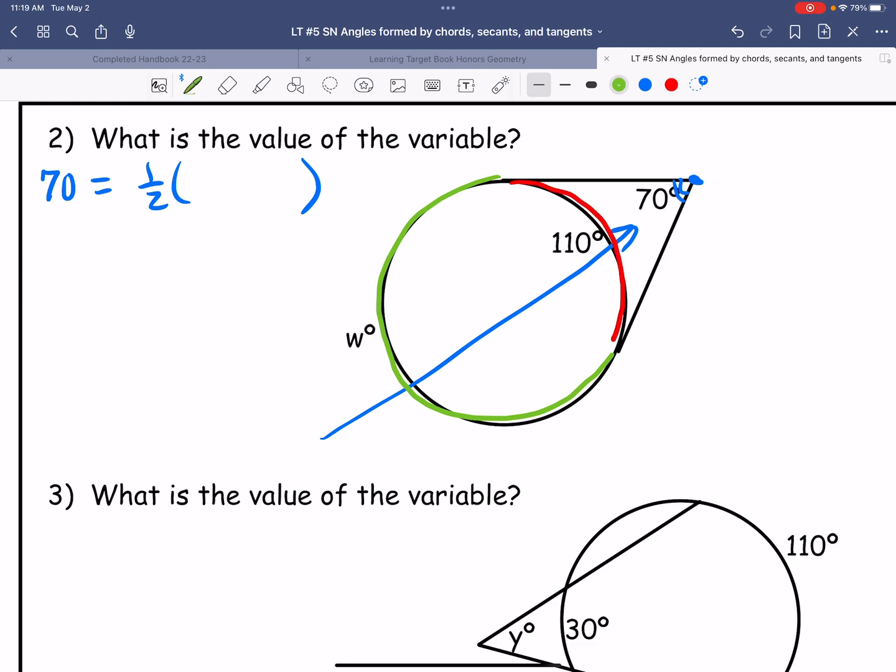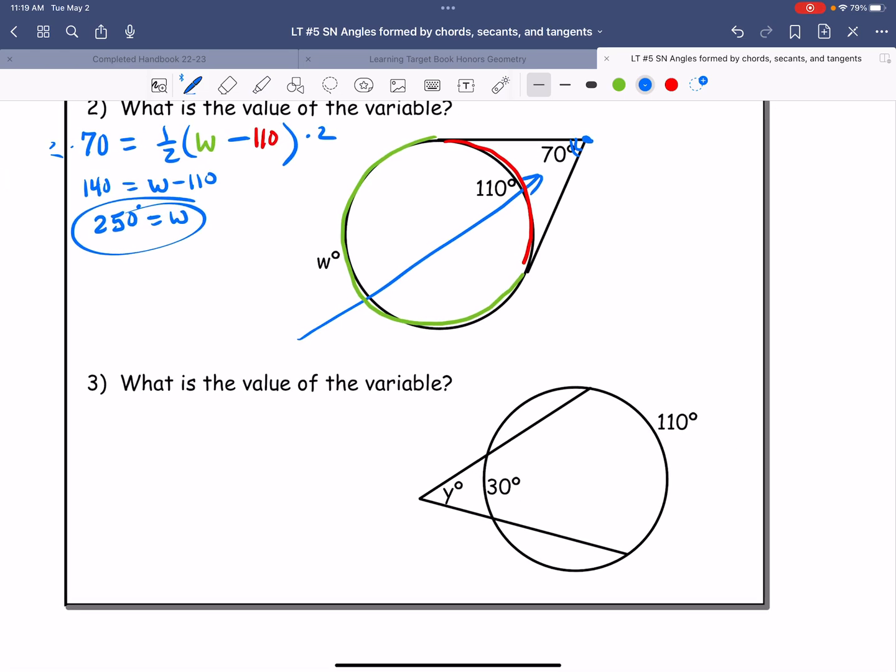So it's going to be W minus 110. And I'm going to solve this equation by multiplying both sides by 2. That gets rid of the 1/2. So 140 equals W minus 110. Add 110, and we get 250 equals W.